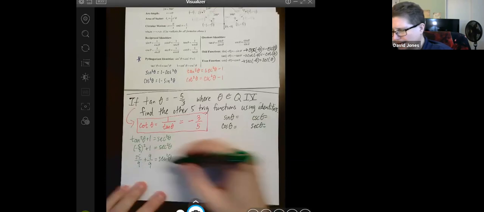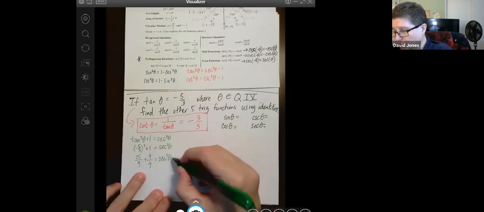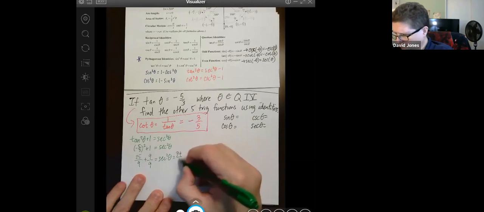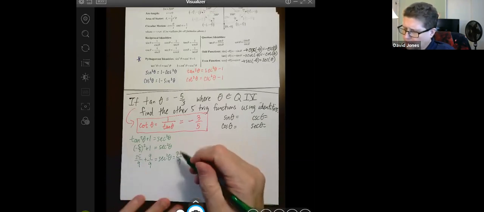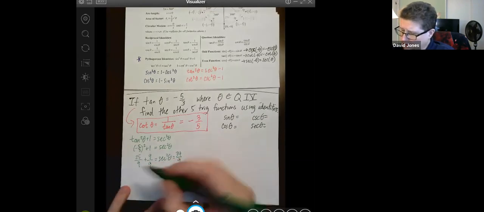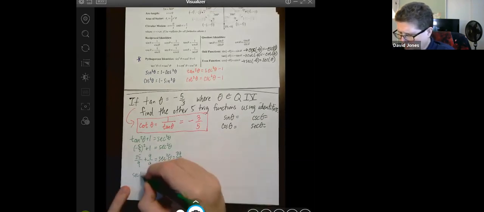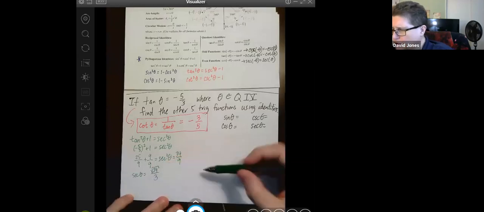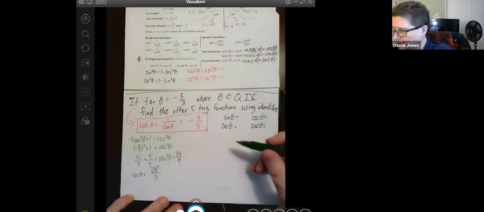And if I add those together, I get 34 over 9, right? So if I take the square root of that, square root of 34 over the square root of 9, which is 3. Which one do I need?